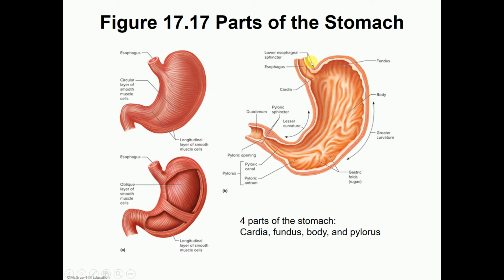During that segmentation, both the cardiac sphincter and the pyloric sphincter are contracted. When mixing is over, that signals the pyloric antrum to do powerful contractions that open up the pyloric sphincter, allowing chyme to leave the stomach and enter the duodenum.